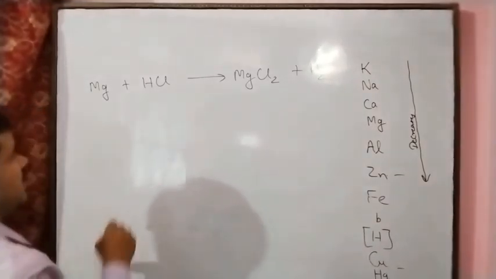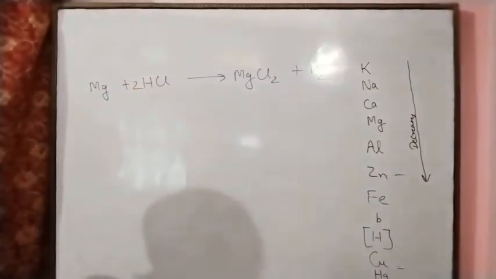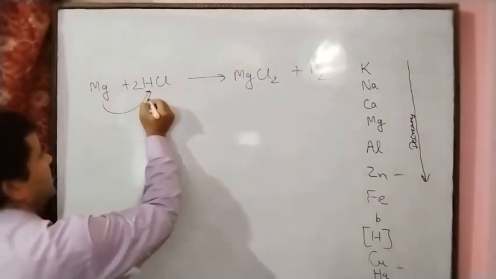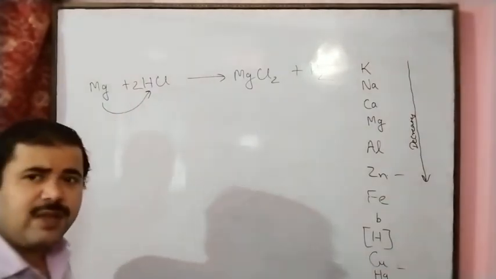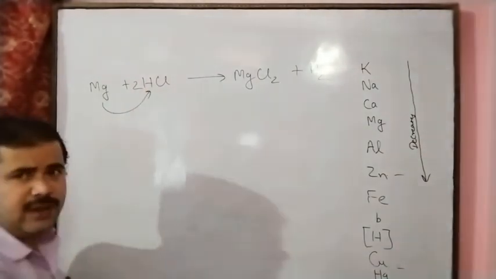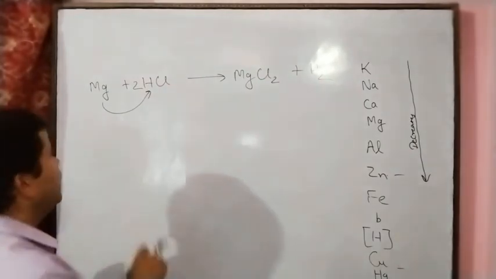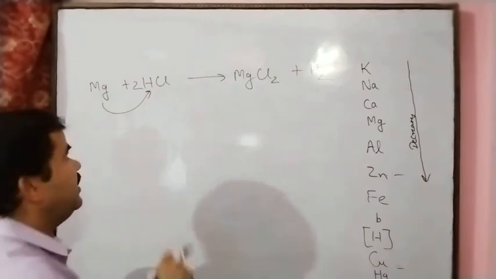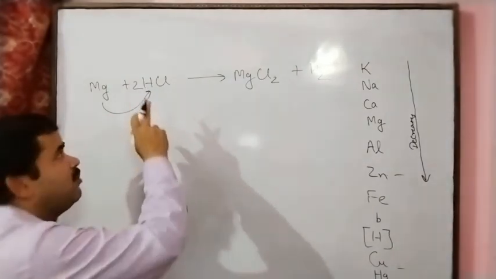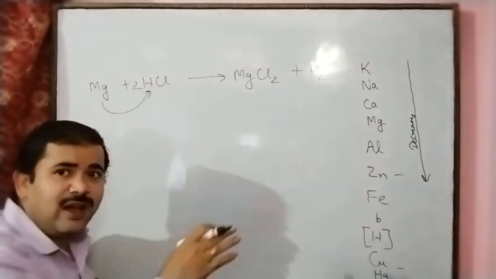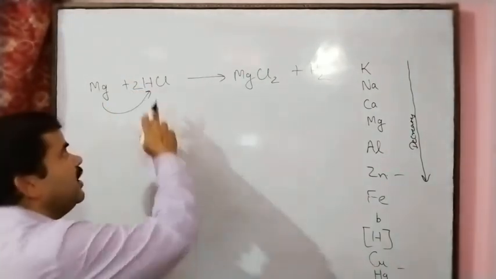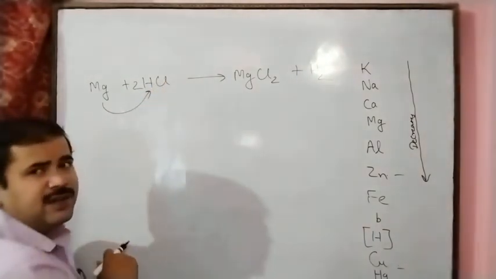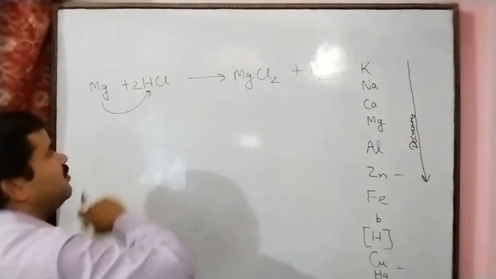In this reaction magnesium displaces the hydrogen, but we know that magnesium is a metal and hydrogen is a non-metal. But here magnesium is an electropositive metal, and hydrogen, though a non-metal, is also electropositive in nature. Here we have H plus and Cl minus.